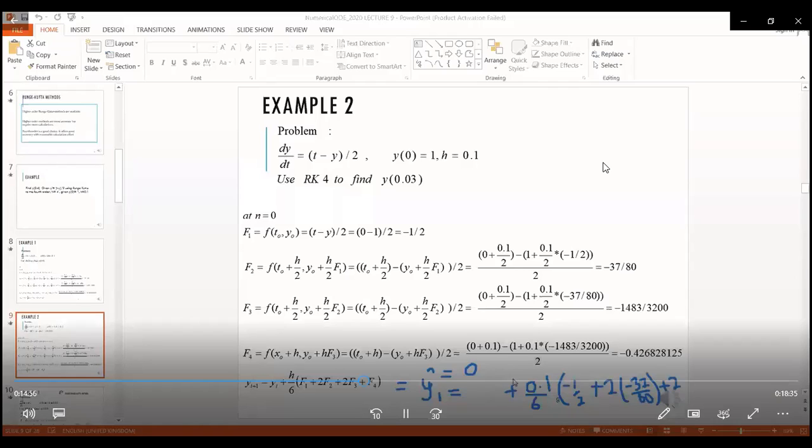Okay, summer class, so do the calculation for me. We're expanding this using the general term. So that is yi plus h over 6, f1 plus 2f2 plus 2f3 plus f4. f1 is negative 1 over 2, f2 is negative 37 over 80, f3 is negative 1483 over 3200, and f4 is calculated here.